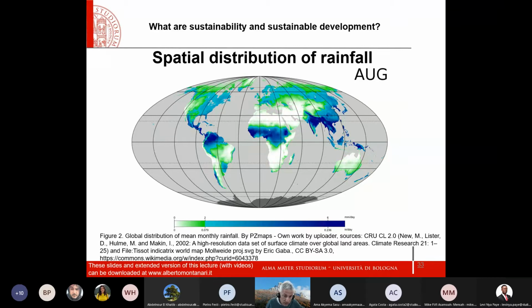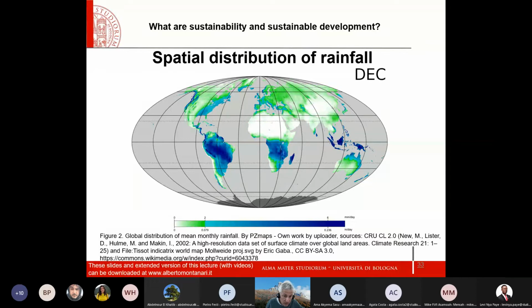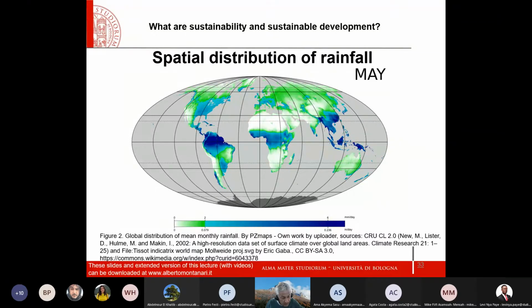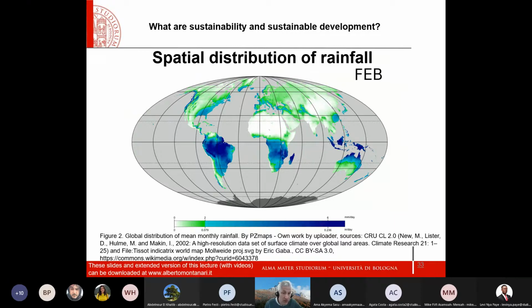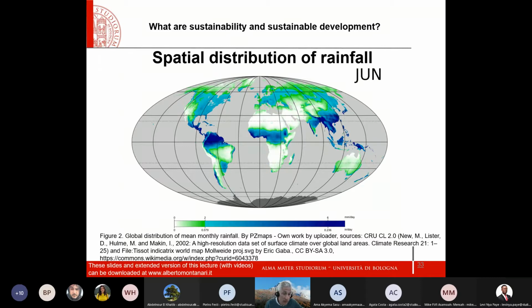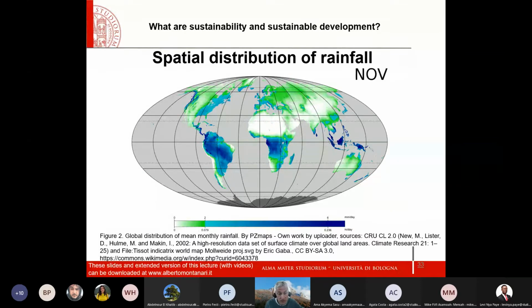Remember that when we talk about distribution in space, to mean a uniform distribution, we use the term homogeneous. When we talk about distribution in time, when we want to mean a uniform distribution, we say stationary. So when we say that the climate is non-stationary, it means that it changes during time. When we talk about non-stationarity, we can use the term seasonality to mean changes that repeat themselves within the year.